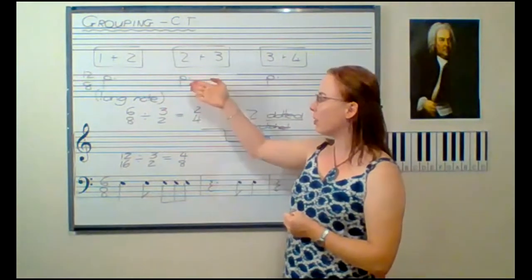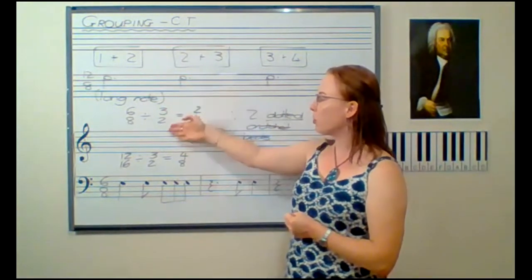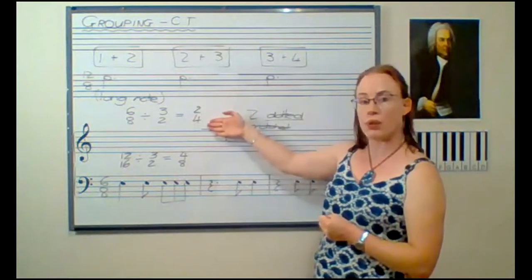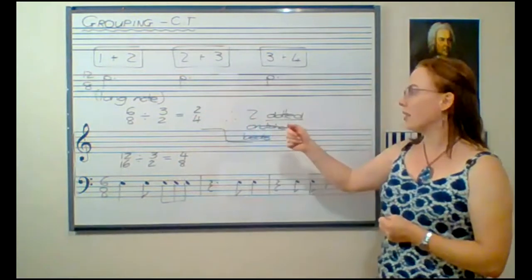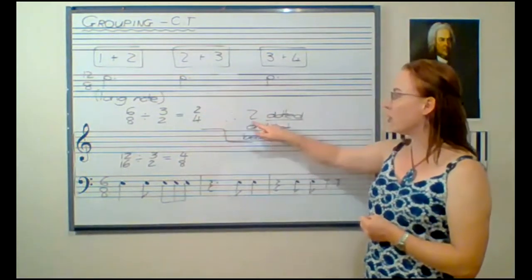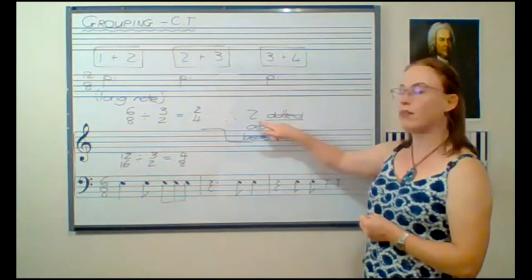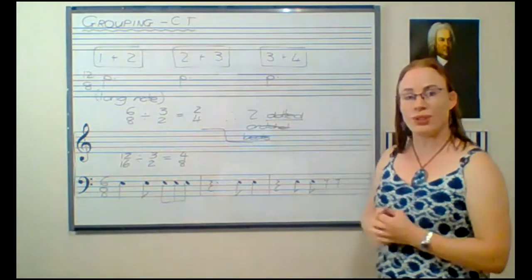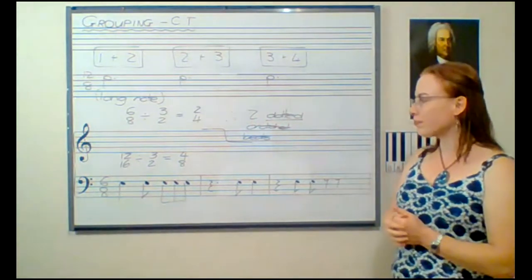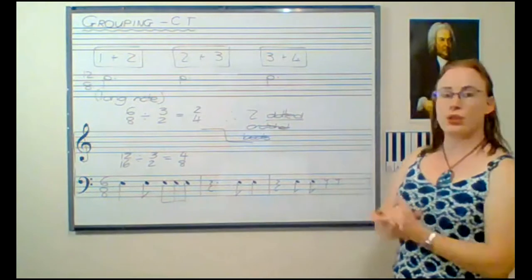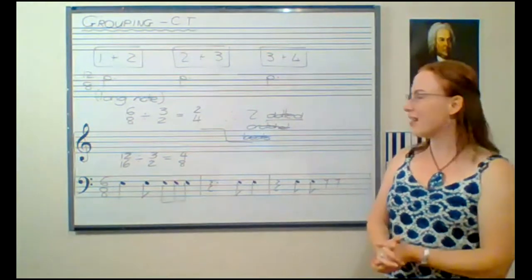You divide the top number by 3 and the bottom one by 2, and you're going to get to 2/4 here. The meaning of that is that you're going to have not just 2 crotchet beats in a bar, but 2 dotted crotchet beats in a bar. That's what you're going to do with all your compound time signatures.